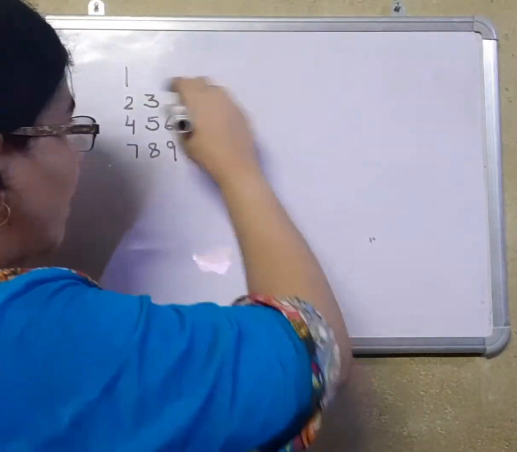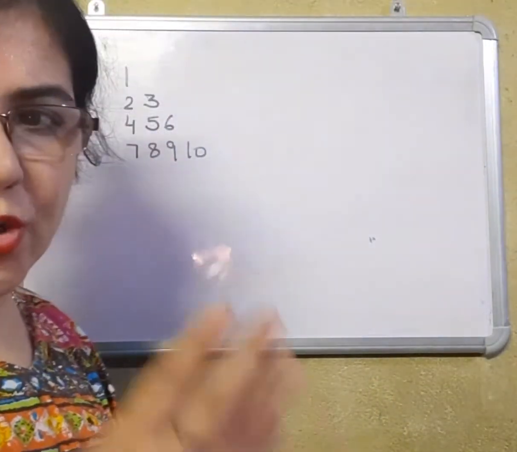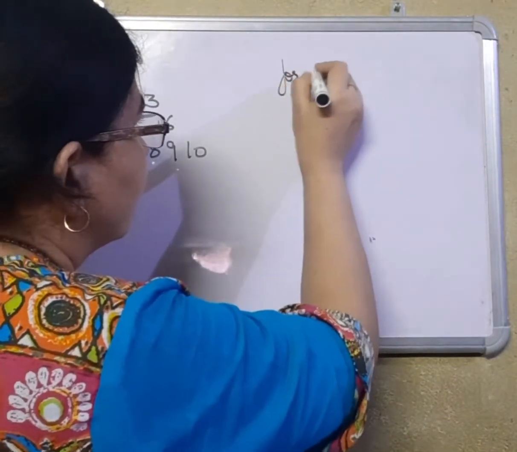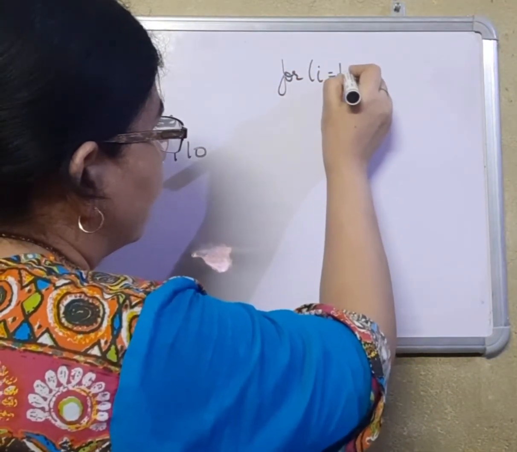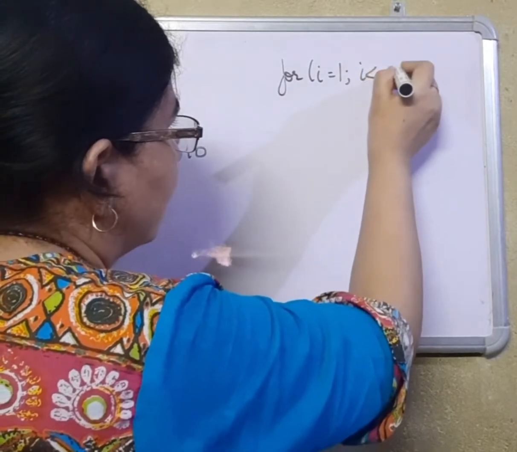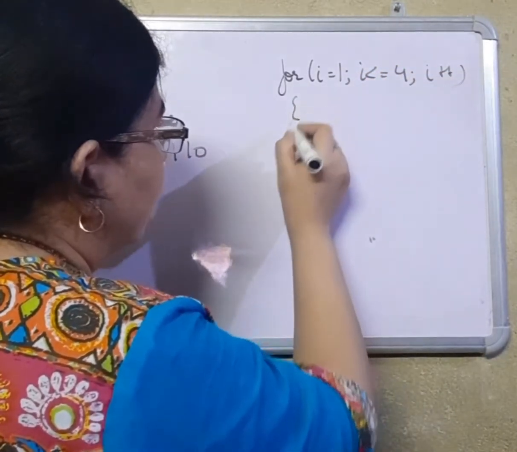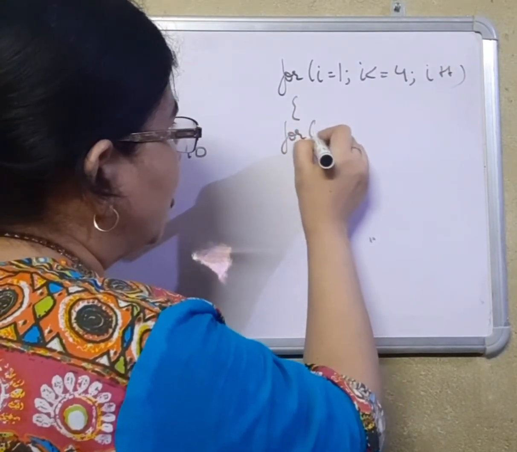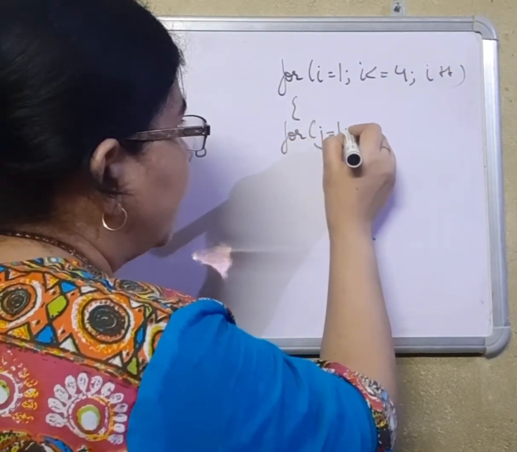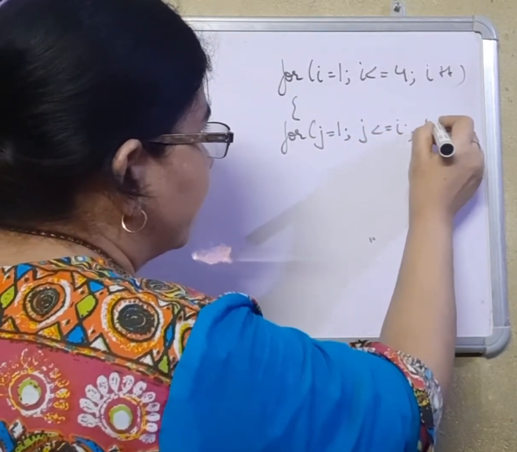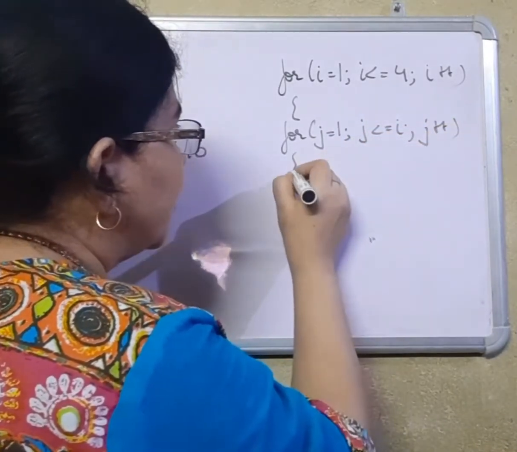For this, we will be counting only the total number of lines. There are 4 lines in our program. What about j? J always depends on I. What will be printed, J or I?